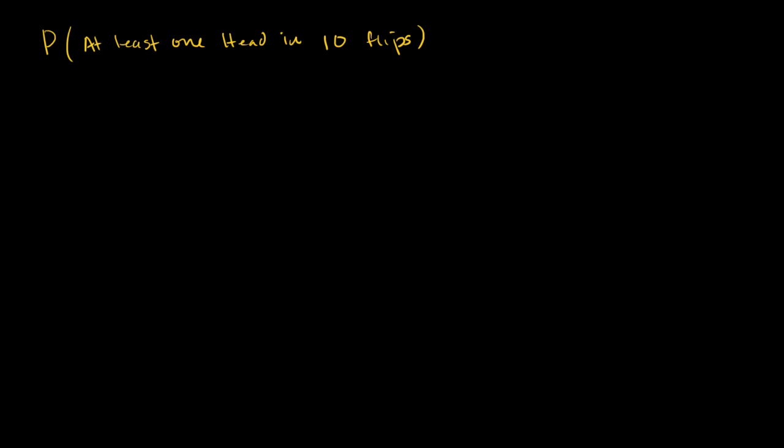Well, we use the same idea. This is going to be equal to the probability of not all tails in 10 flips. So we're just saying the probability of not getting all of the flips to be tails. Not all tails in 10 flips.